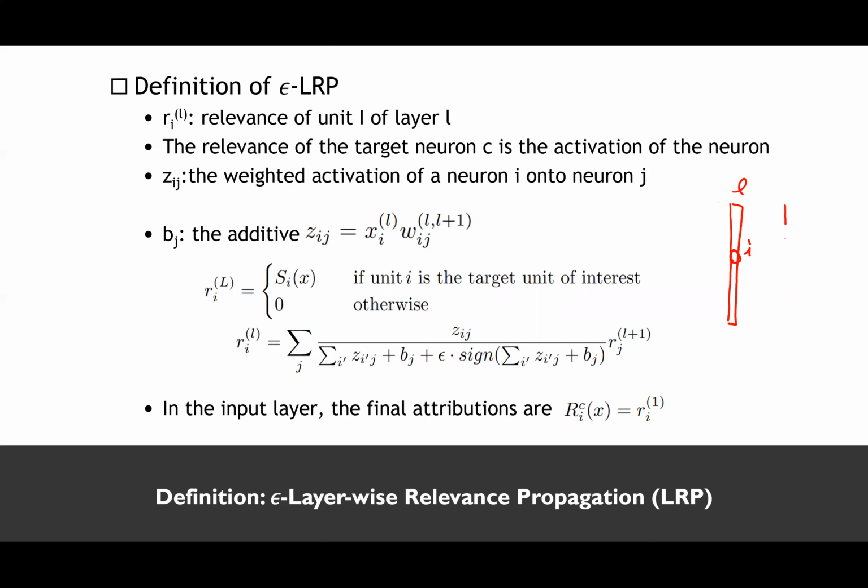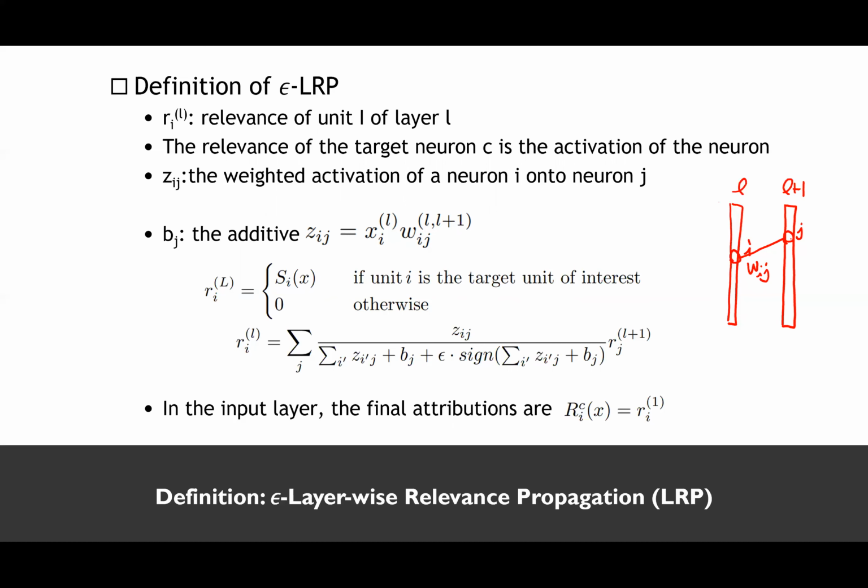Also, if we have node j in layer L plus 1, we can relate these two by W_ij, right? There is a connection from neuron i to neuron j.